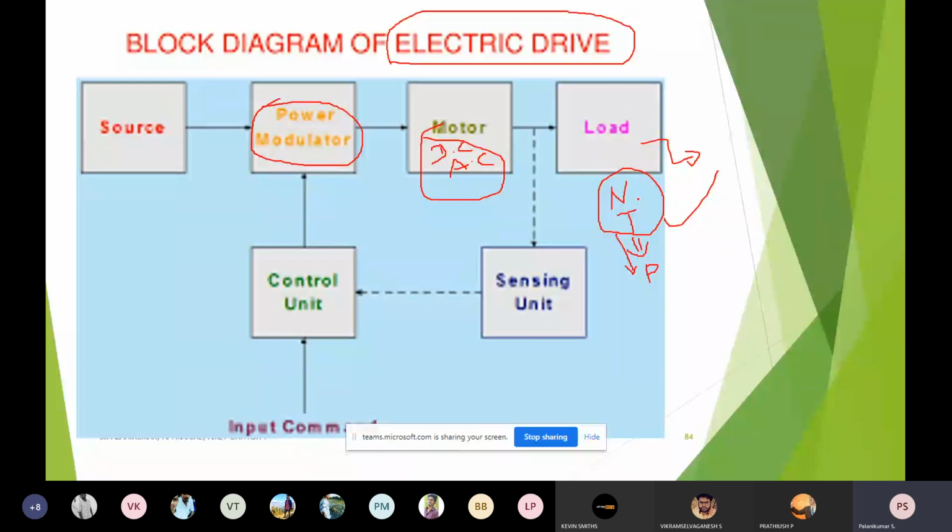This can be varied. So I can get these two pieces of information from the load: how much power is transferred, at what speed, at what torque. In addition, from the motor as an electrical device, I can get the voltage at which it is fed and the current it is taking.